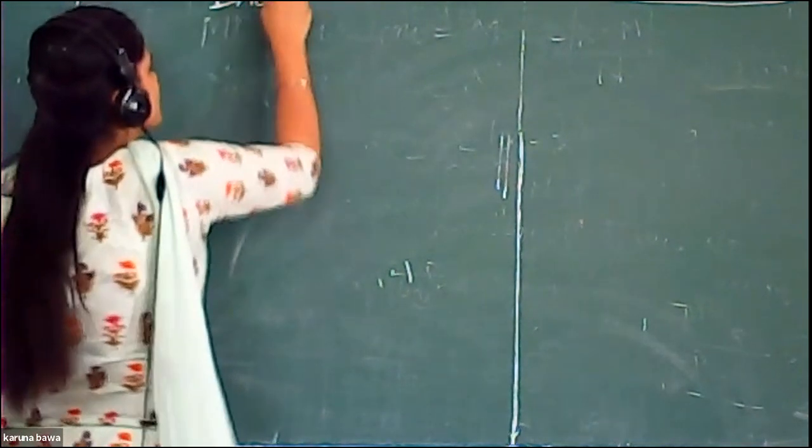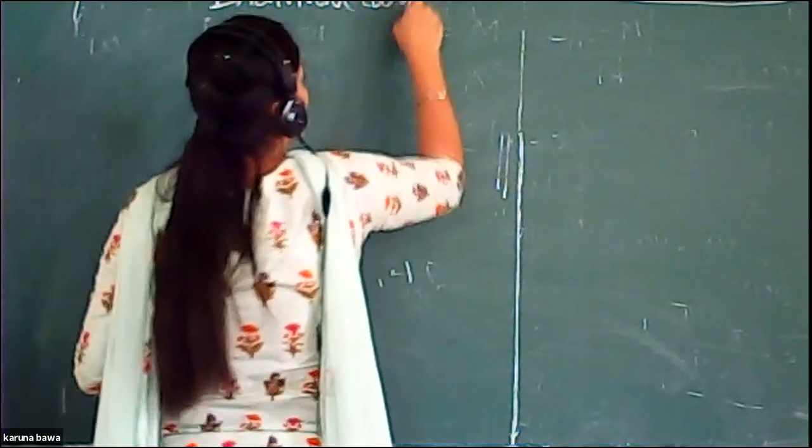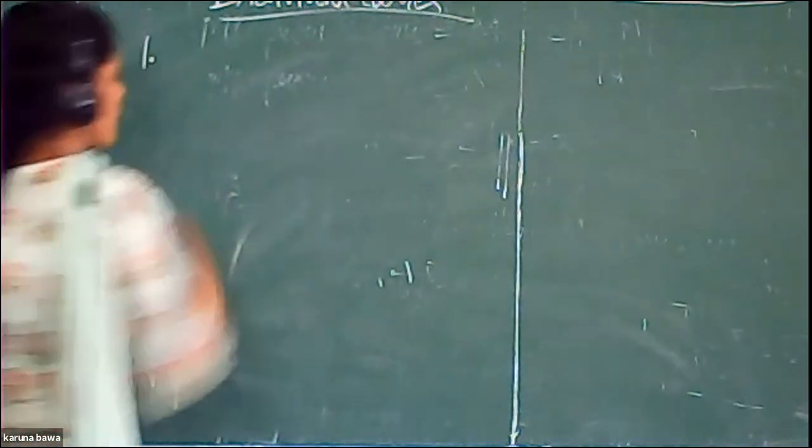First, an example of the individual series. Let's find the mean deviation from mean and median.